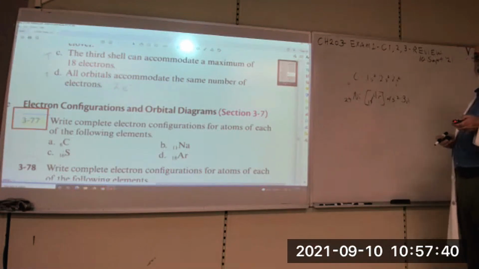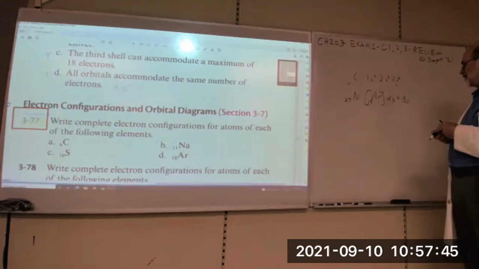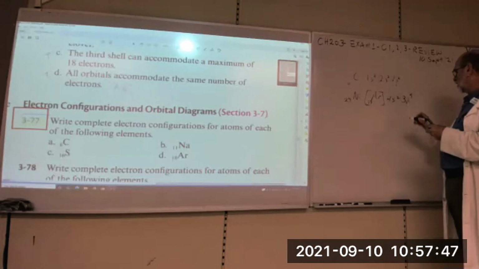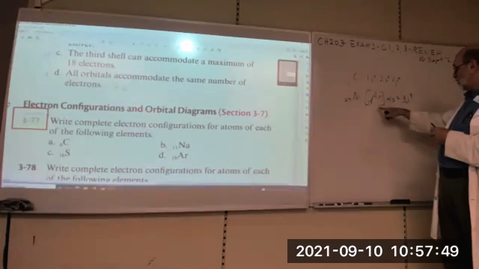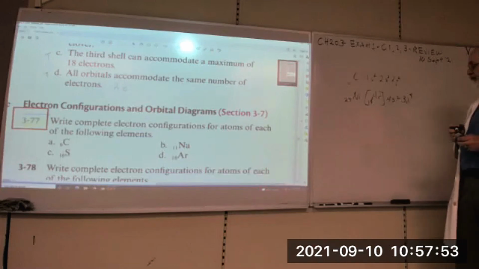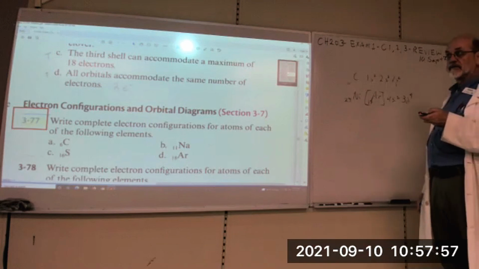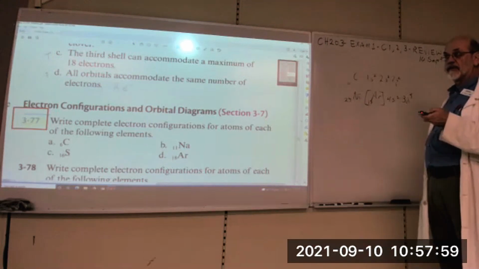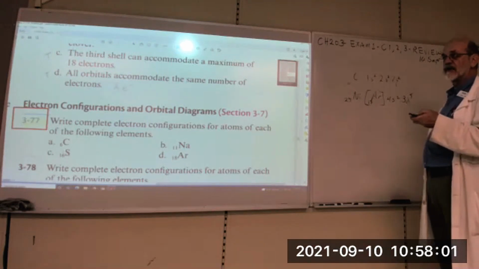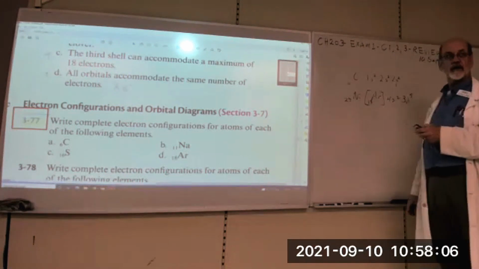And the d's fill from left to right. 1, 2, 3, 4, 5, 6, 7, 8. d8. Right? And that should be 10 plus 18 is 28. So you got all your electrons there. But to do argon, you just fill up these orbitals. Fill up the 1s, 2s, 2p, 3s, 3p, all the way to the end, and that's argon.